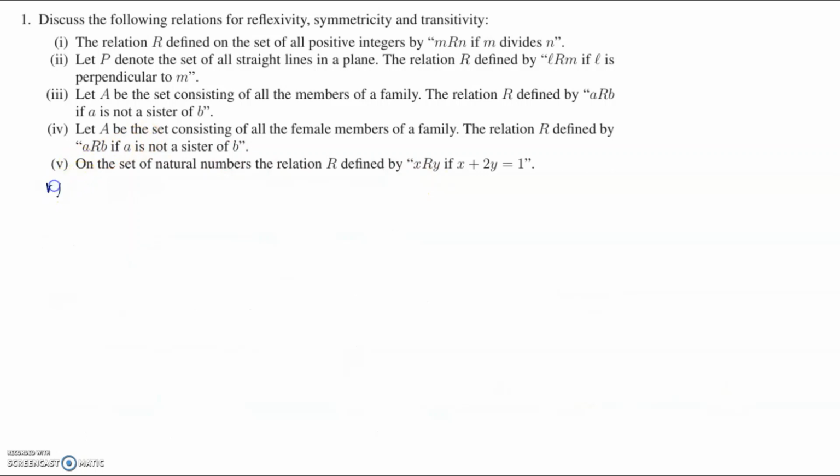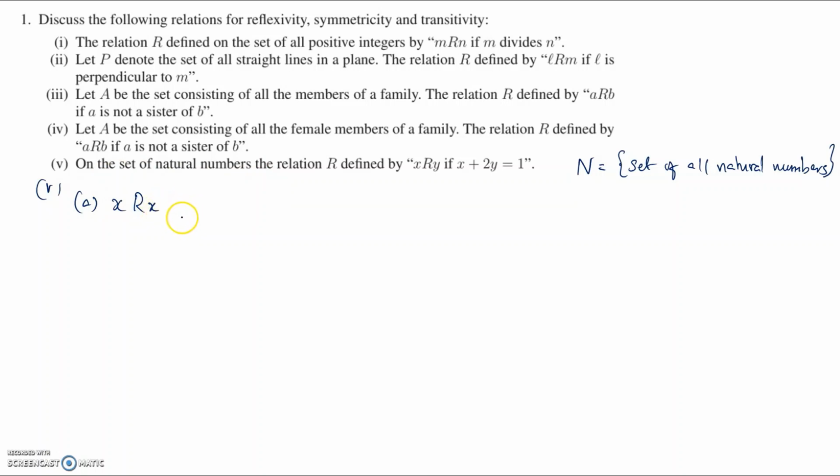Question number 5. On the set of natural numbers, the relation R is defined by x related to y if x plus 2y is equal to 1. So let's say our N is equal to the set of all natural numbers. Next, let's look at the first criteria. x related to x: is this possible?